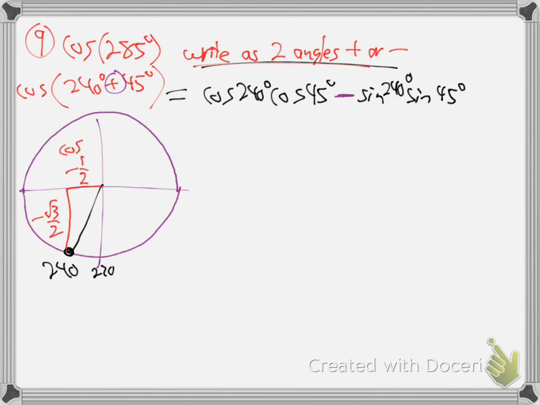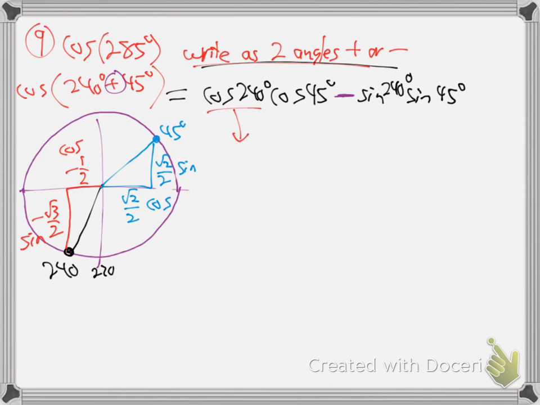That's cosine, sine. And the other one's 45. 45 is right here in the middle, huh? That's over medium, up medium: over root 2 over 2, up root 2 over 2. That's cosine, sine.